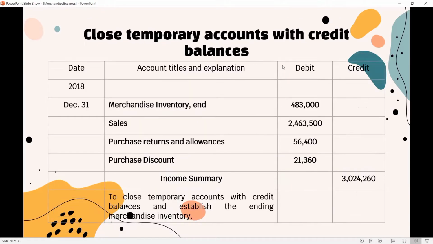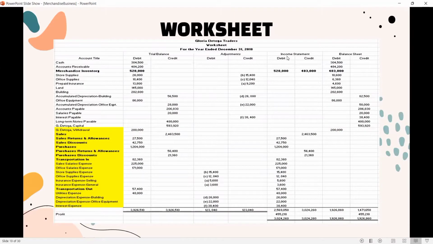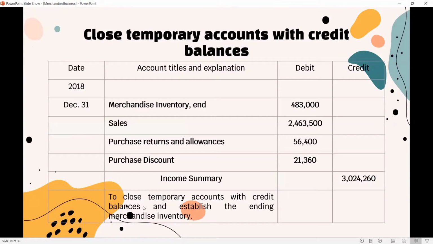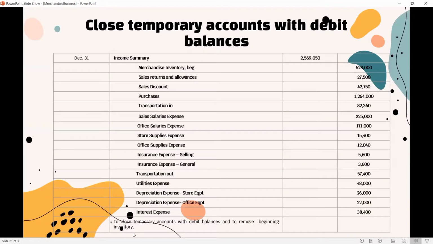So, dito, balik ko lang. Lahat ng naka-debit yan. Yan yung in-entry natin, close natin sa income summary account. And then, lagyan na lang natin ng explanation to close temporary accounts with debit balances and to remove beginning inventory.